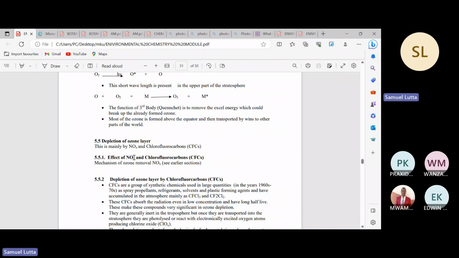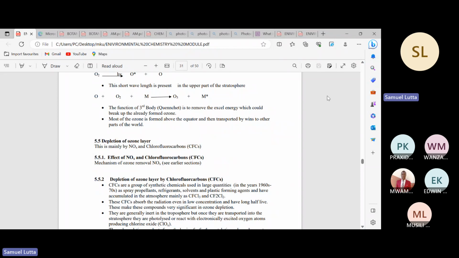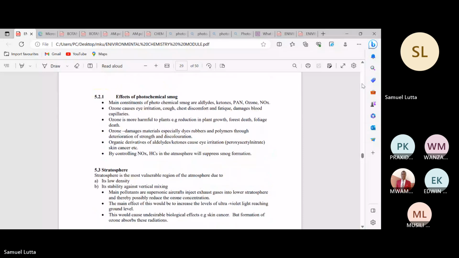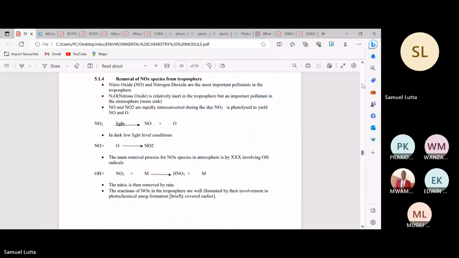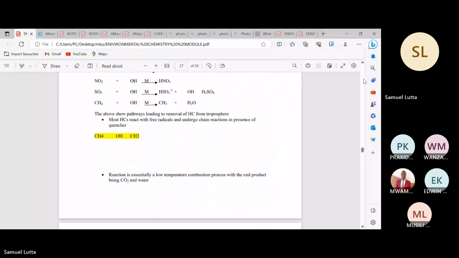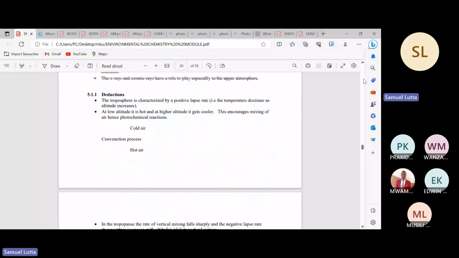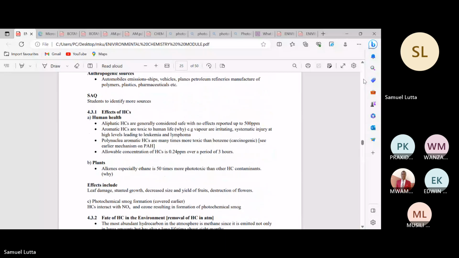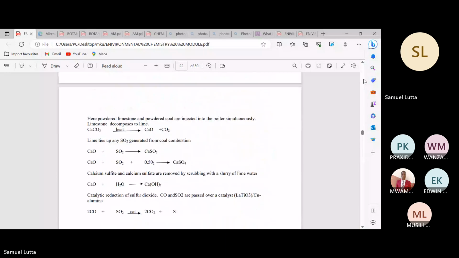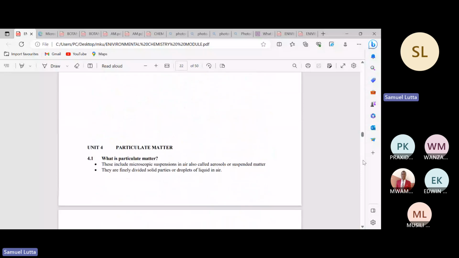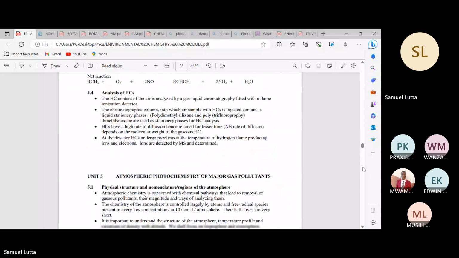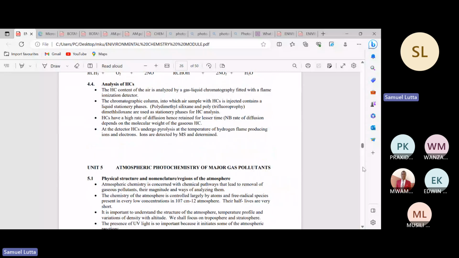For the NOx, we saw this yesterday during formation of smog, when we talked about the NOx, which can pick oxygen from ozone, where you have NO plus ozone giving nitrogen dioxide plus molecular oxygen.